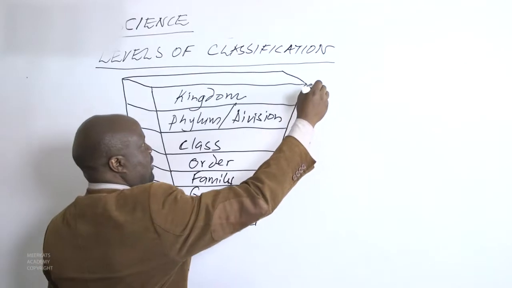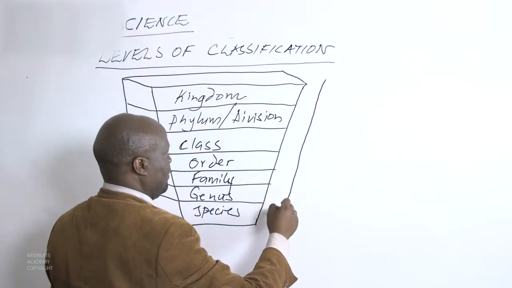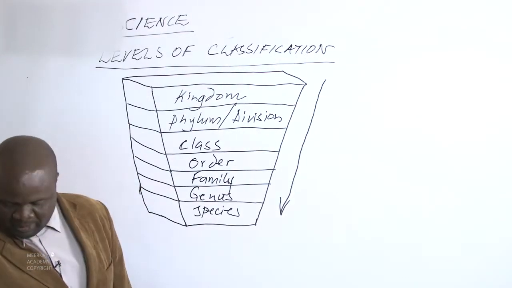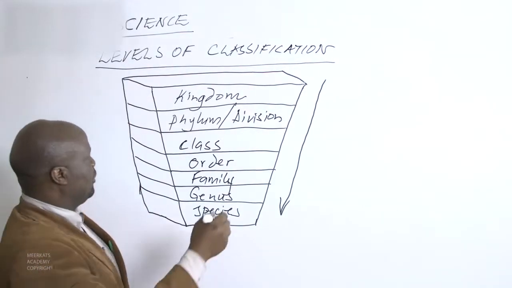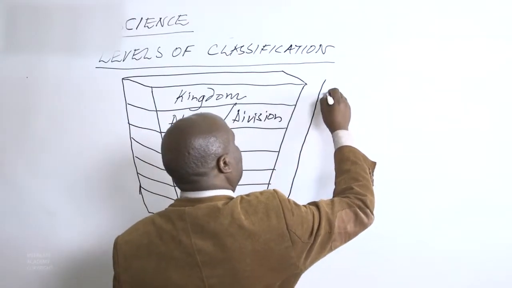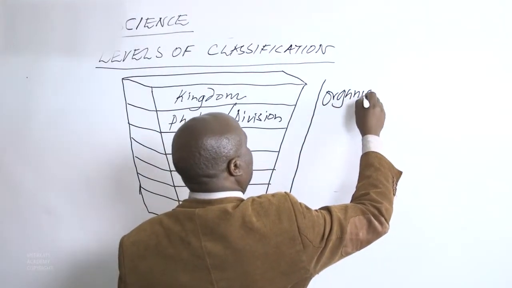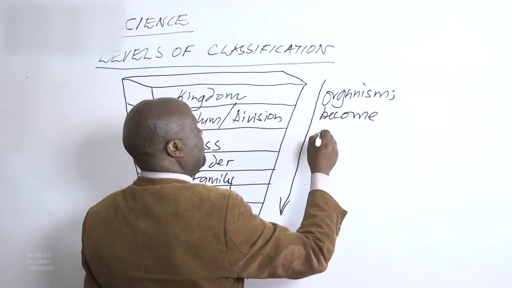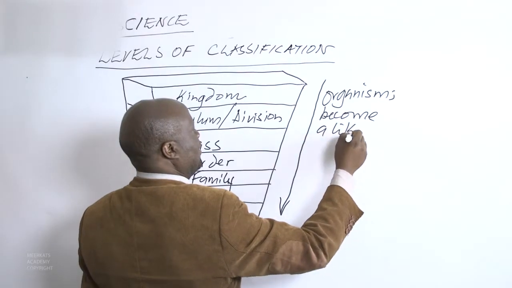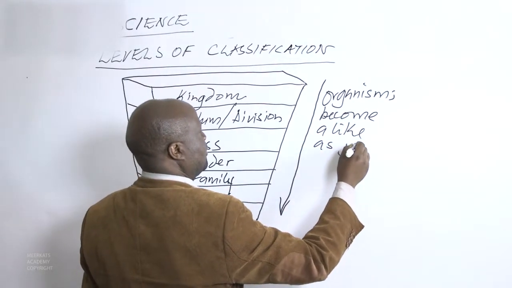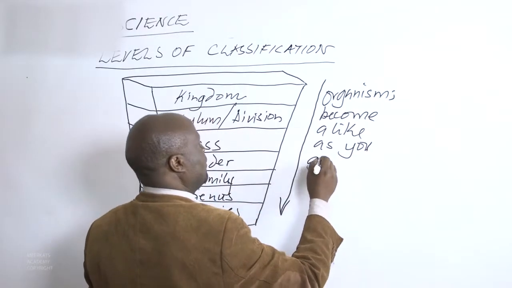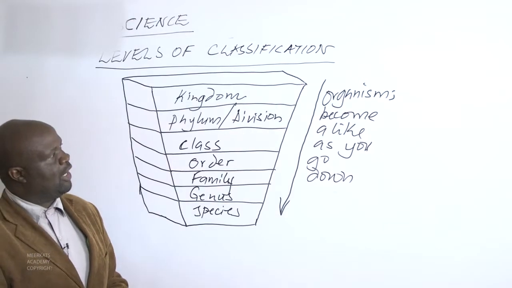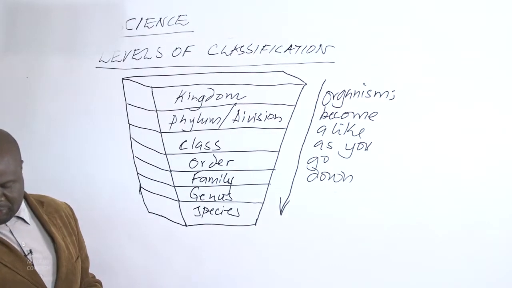So what happens? We see that organisms become more alike as you go down these levels. So we say the organisms become more alike as you go down.